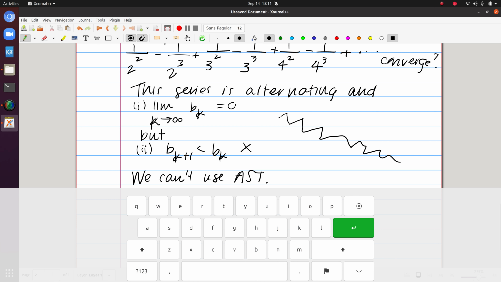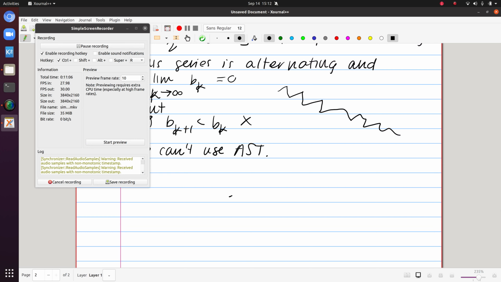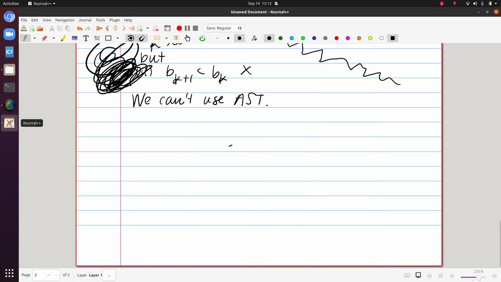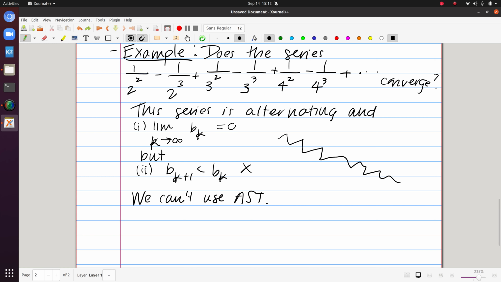So I can look at the positive terms and notice that I have a pattern of 1 over k squared.